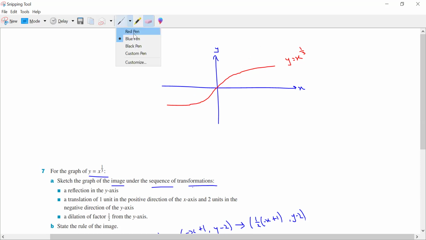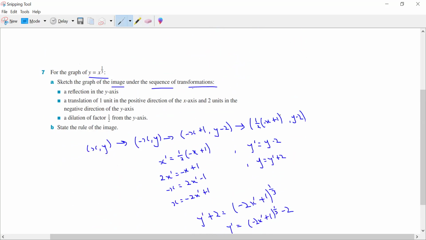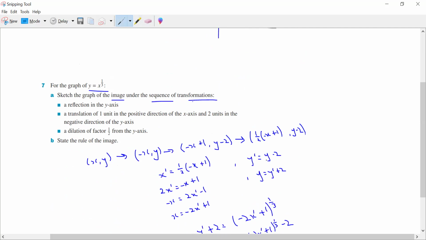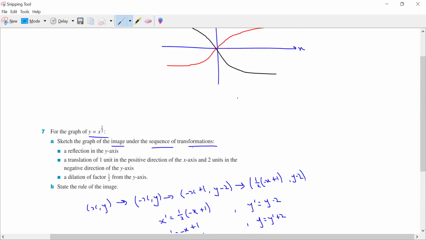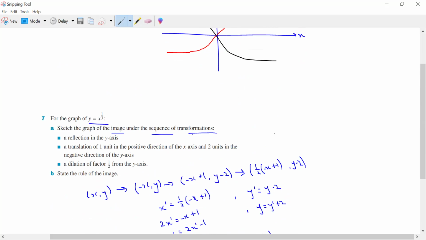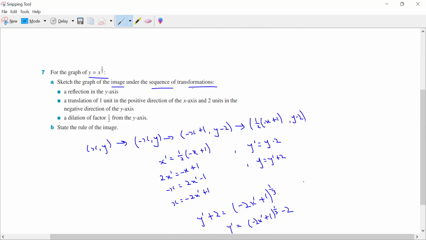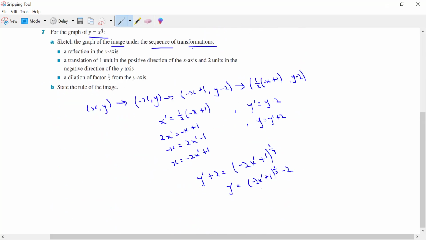And then because this is reflected, we should be expecting, which we already have from the graphics calculator, if it's reflected, it'll look like that. And then because it's been translated basically by half, and then it's been shifted down by 2 as well.